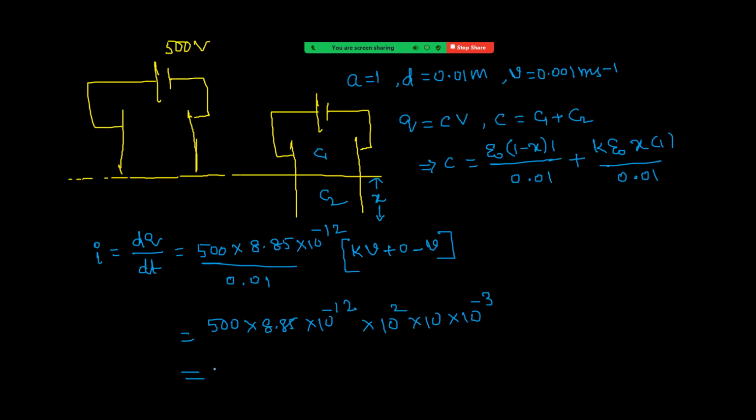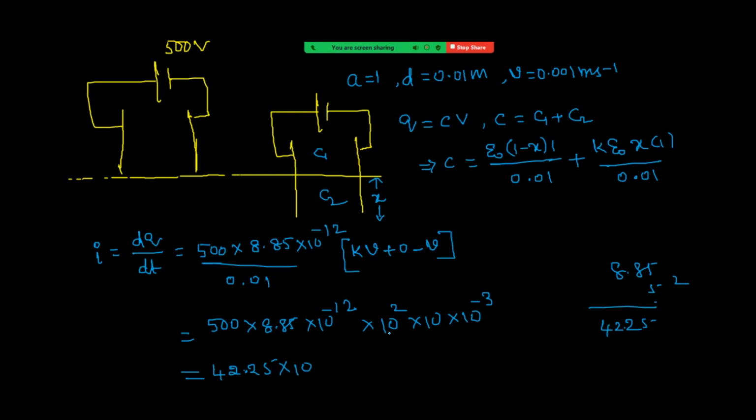Next, 10 squared: 2 plus 1 is 3, 3 plus 2 is 5. Okay, it is now 40. See how much we get: 8.85 into 5, 5 fives are 25, 40, 42, again 40, 42, 42.25. Remaining is now the power of 10.